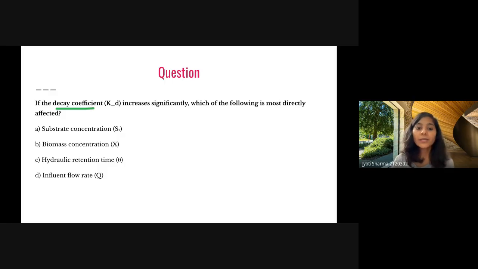If the decay coefficient increases sufficiently, if organisms are dying significantly, then which of the following is most directly affected? Substrate concentration, biomass concentration, hydraulic retention time, and influent flow rate.